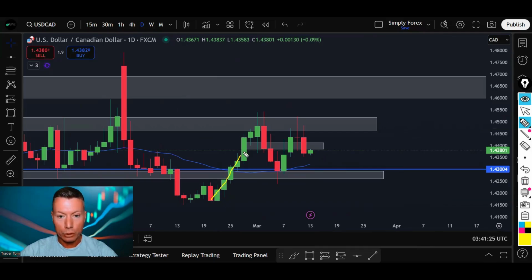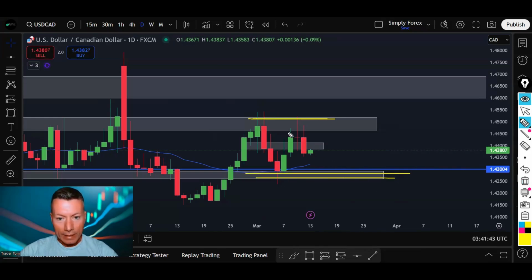Because if we follow structure, are we starting to see lower highs, but we have higher lows here? Or are we just starting to see a range, these highs back down to these lows?